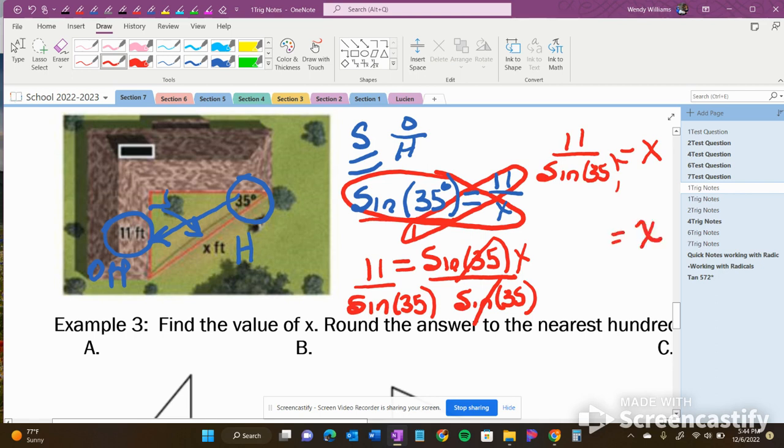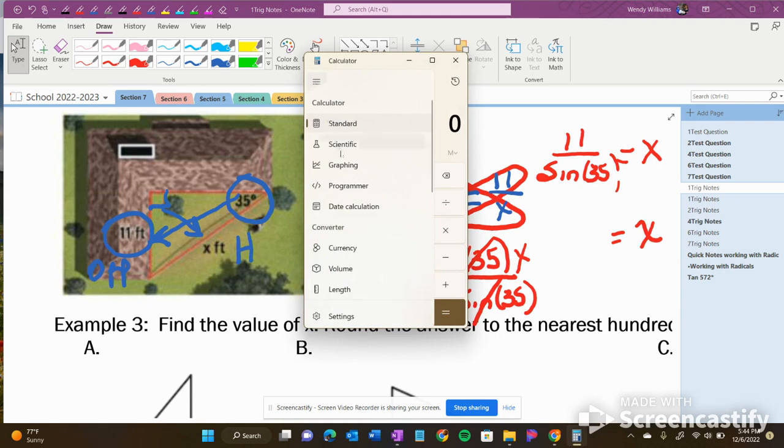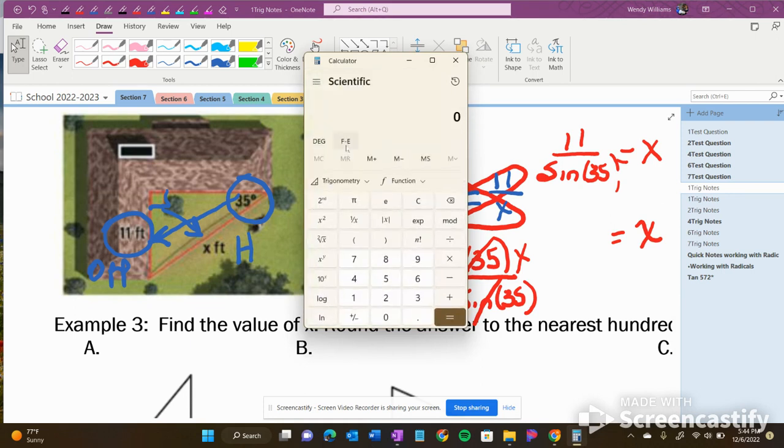Now, 11 divided by sine 35. You put it in your calculator like this. You take 11 divided by, let me see if I can do it on here. I don't know if I can get this calculator to be scientific. There she is. All right, so you're going to do 11 divided by 35, then hit your sine key.